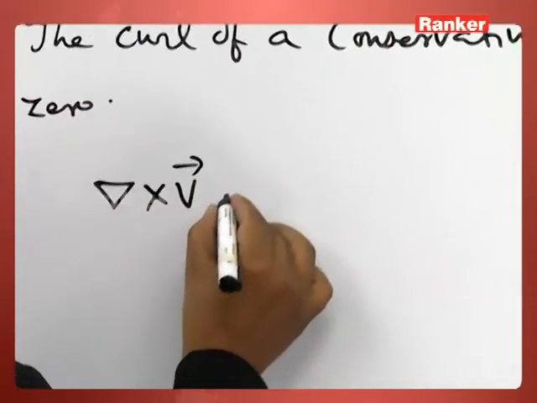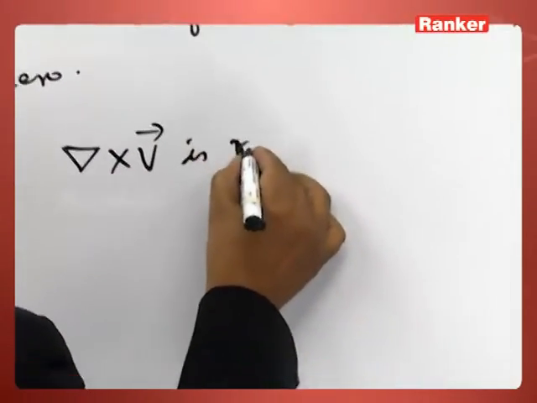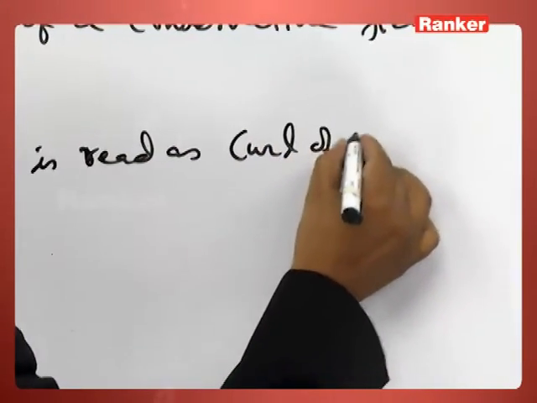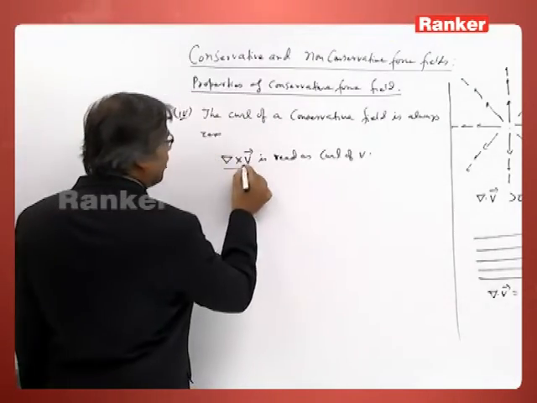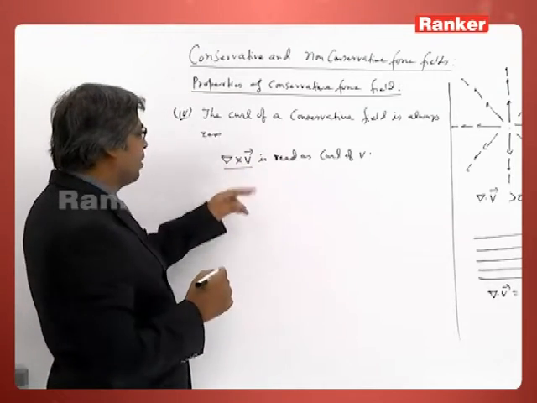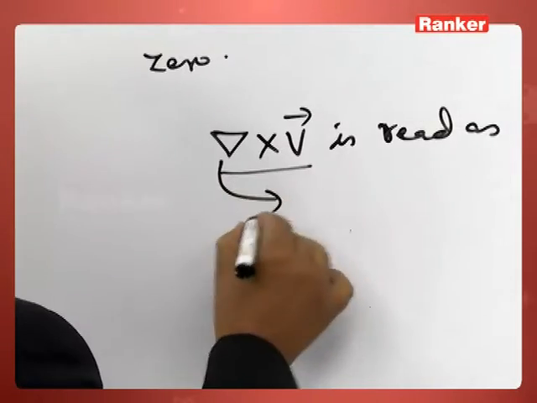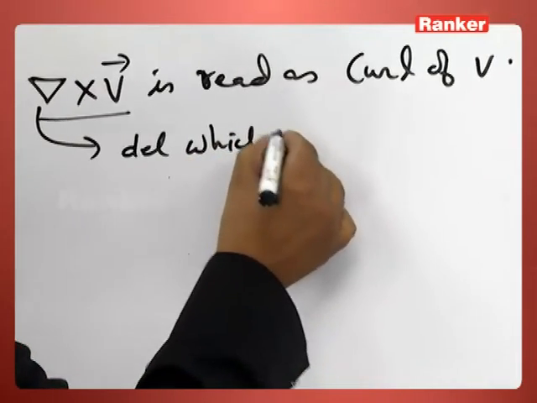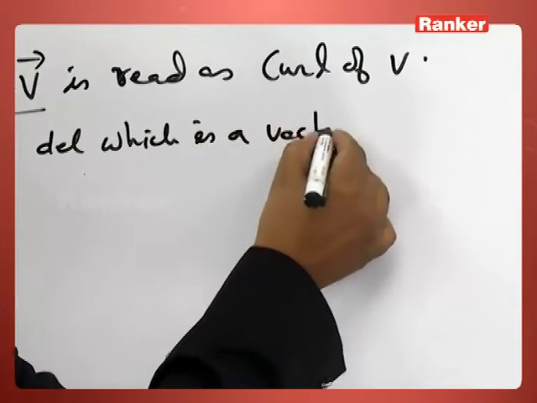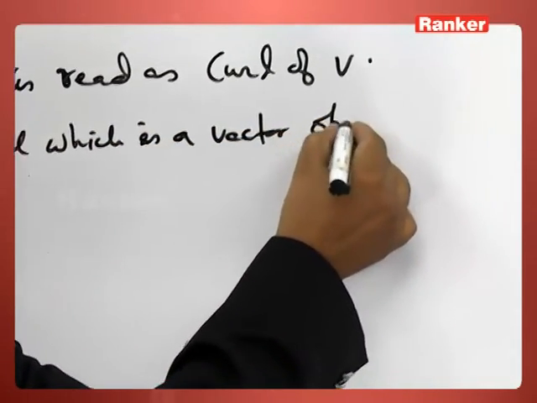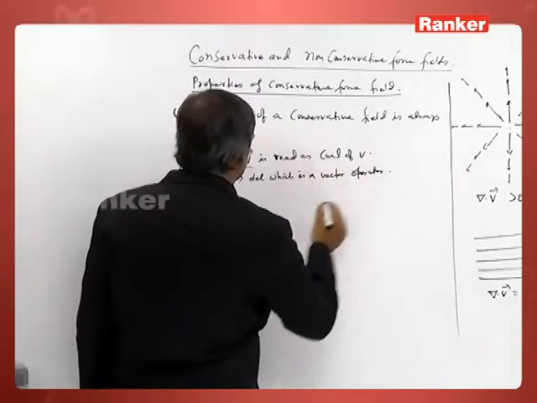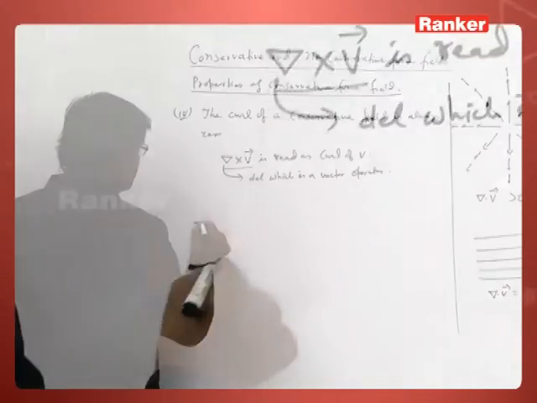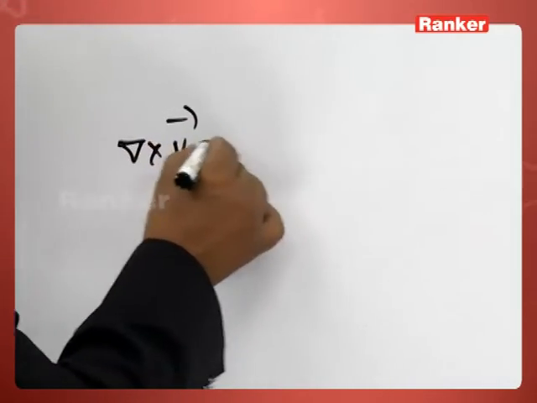Curl of V is read as curl of V. This is del, a vector operator. When it acts on V, it gives a quantity which I call curl.